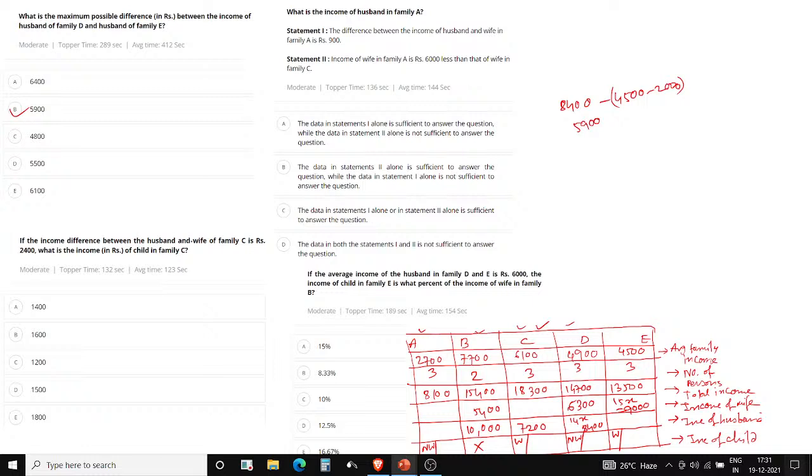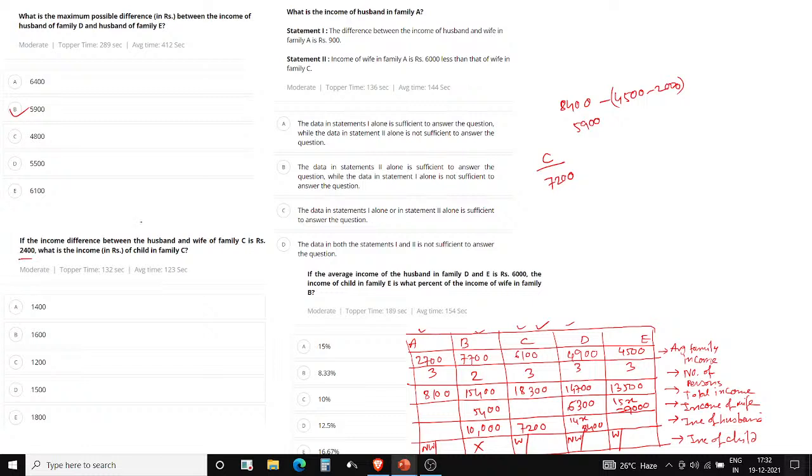If the income difference between the husband and wife in family C is 2,400, this is the income of the husband, 7,200 in family C. Now what is the rest? We need the difference between the income of child in family C. Whenever you are asked to find the income of child in family C, that means the income of the wife is more.